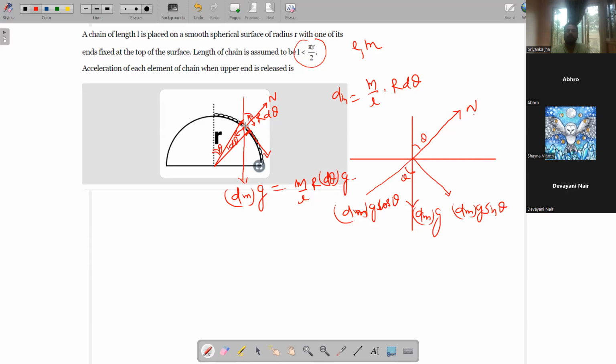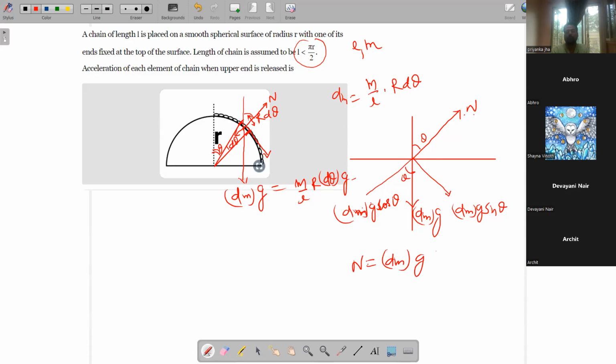Now, you can see that this component will be balanced by the normal force, because you have to find the acceleration of each element. So N will be equal to dm into g cos theta, and because of the other component, we get a tangential force along the tangent of the sphere. Because of that, we will get tangential acceleration.